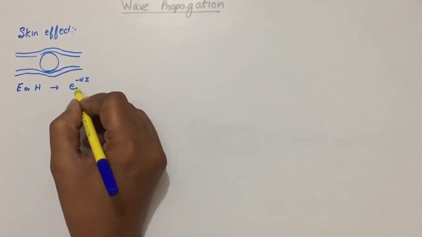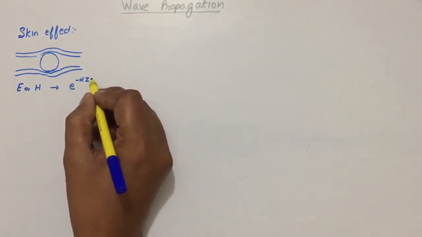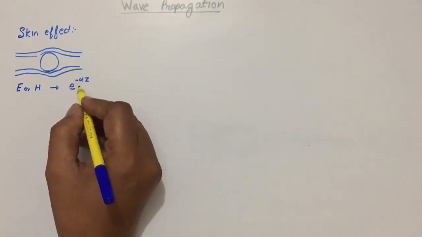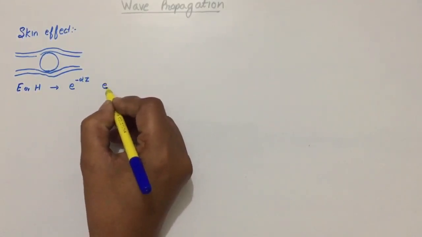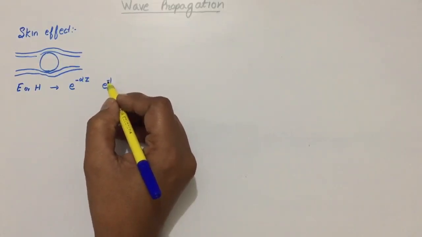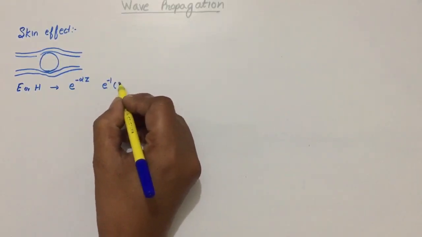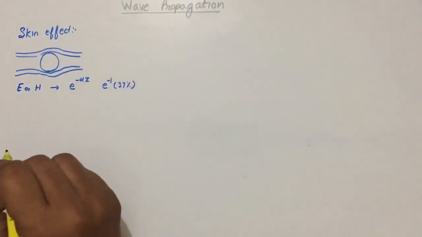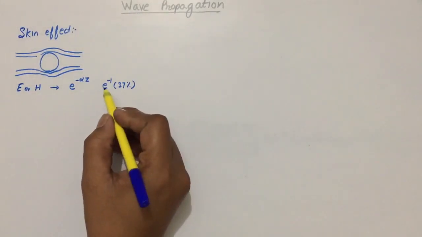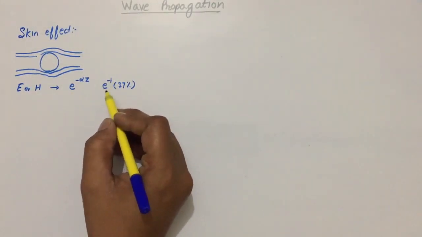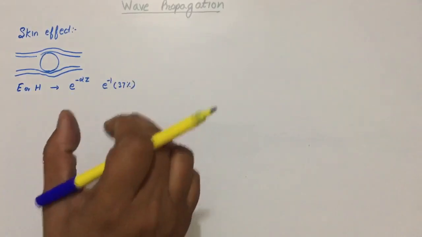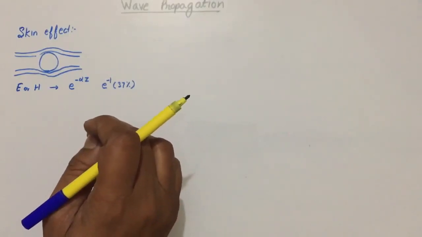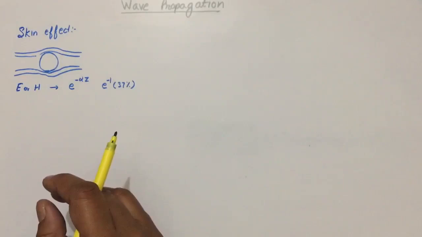And the distance traveled by this wave through which the amplitude decreases by a factor of e to the power minus 1, that is about 37%, is called the skin depth. In this way, when the wave amplitude decays by this factor, the distance traveled by that wave inside the conductor is termed the penetration depth of the medium, or skin depth.